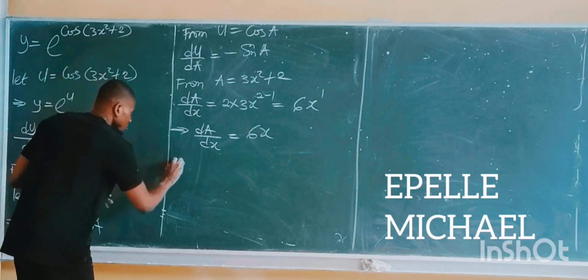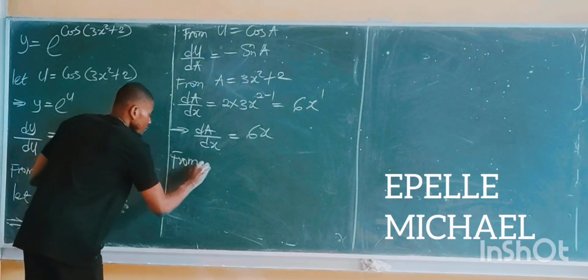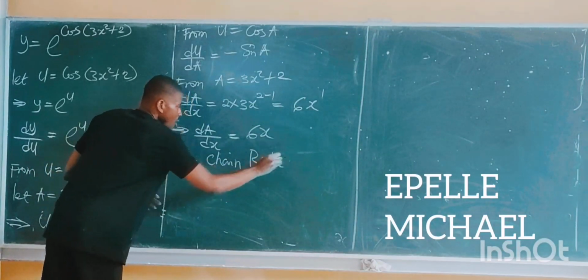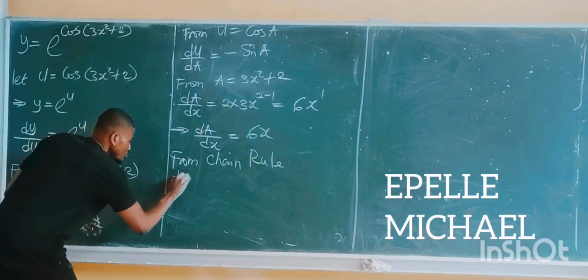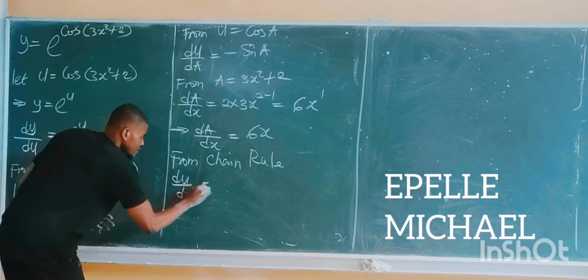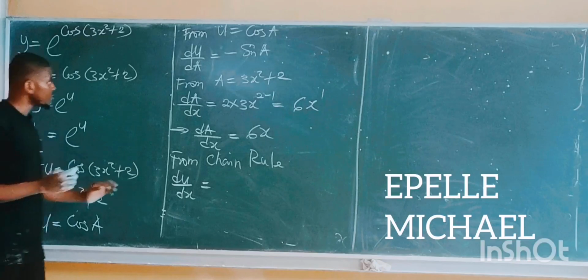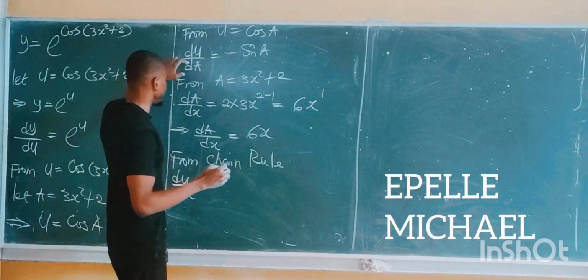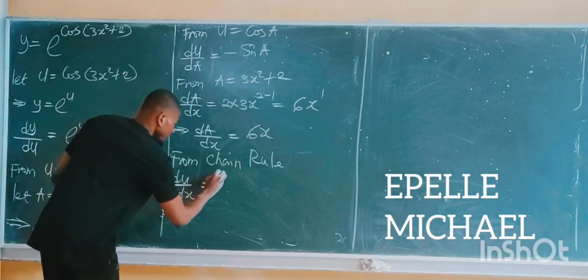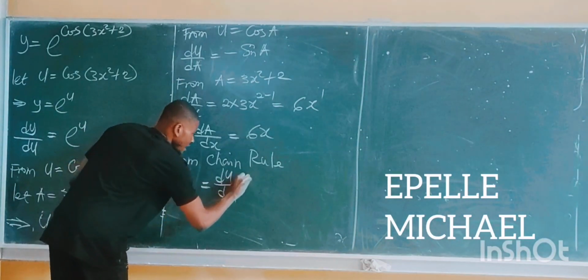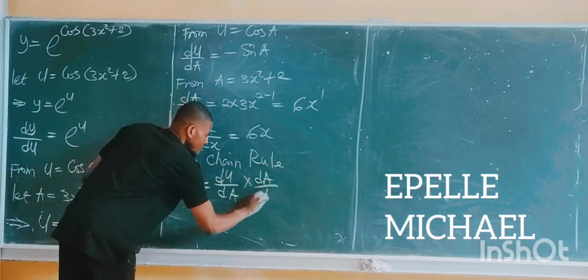From the chain rule, du/dx is simply multiplying these derivatives together, du/da times da/dx.